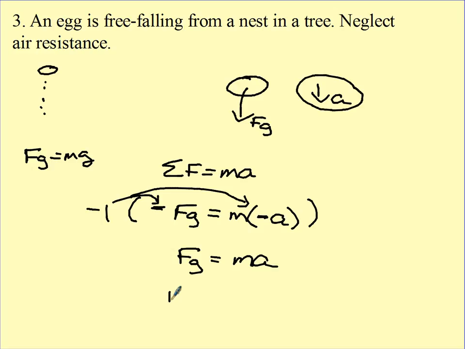So mg equals ma. My masses cancel. So look at this. I wind up with g is equal to a. Cool. We knew the egg was falling with an acceleration equal to g, which is 9.8 meters per second squared. This is a little bit more work than I asked you to do.